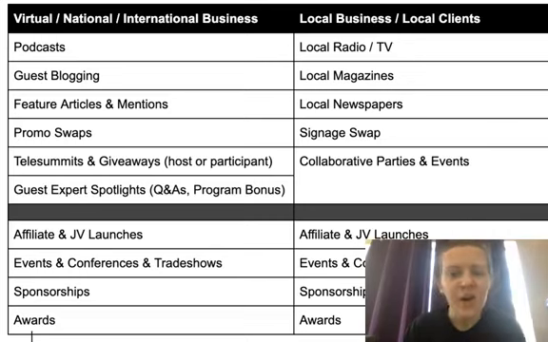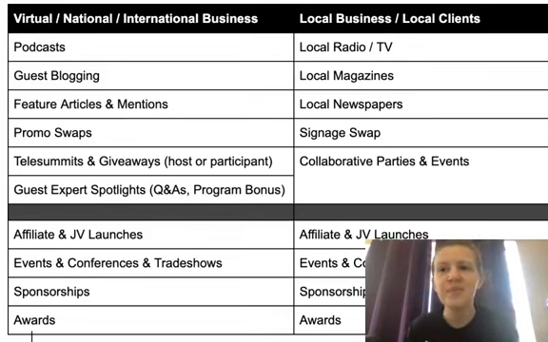Now, another option that you have here is, instead of having you write the article, you could have someone write the article about you, to feature you, to mention you in their article or on their platform. So there's a lot of platforms that run online magazines or online blogs, but they're the ones who are actually writing the content rather than having guest bloggers write their content for them.